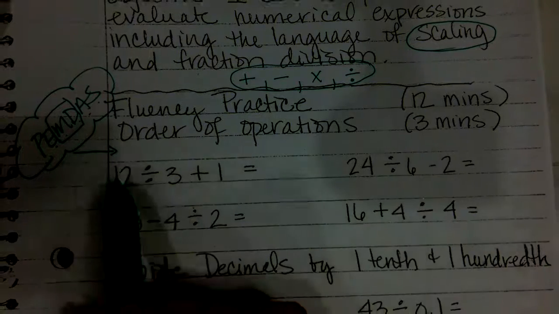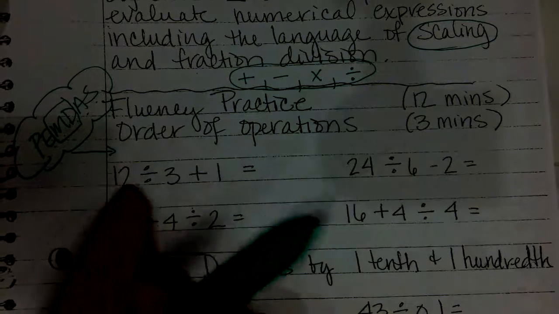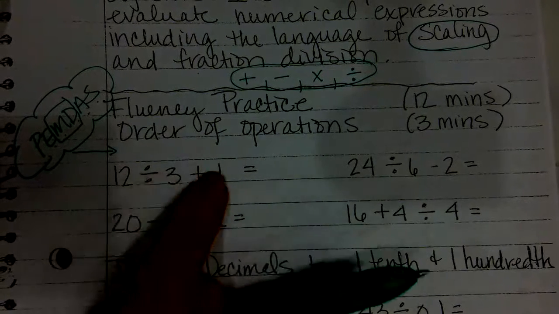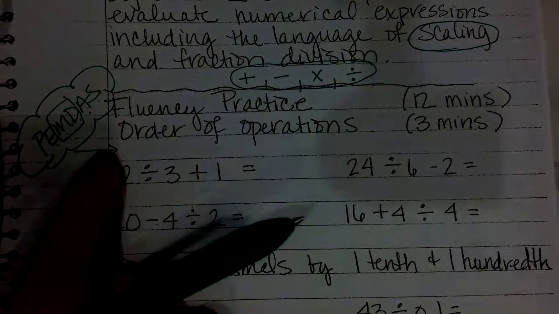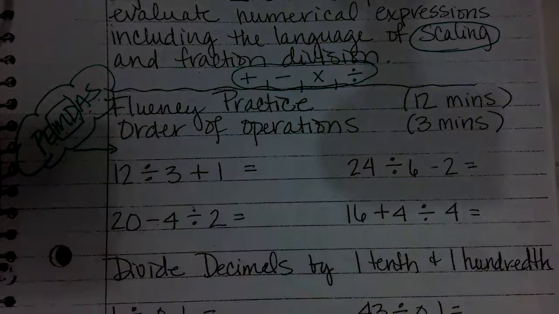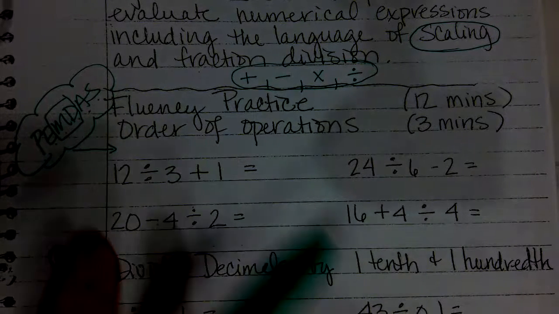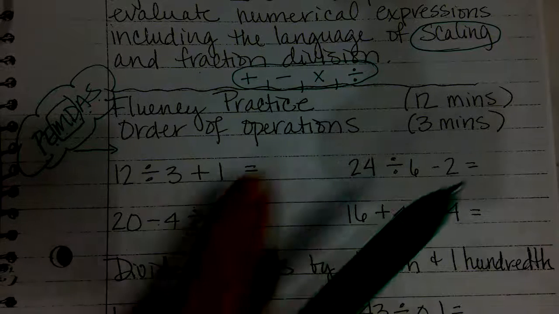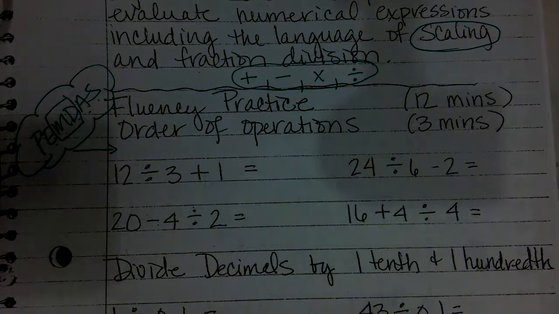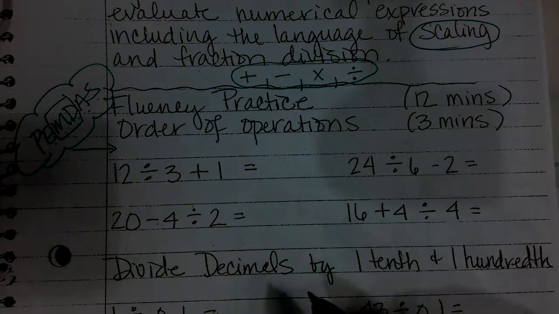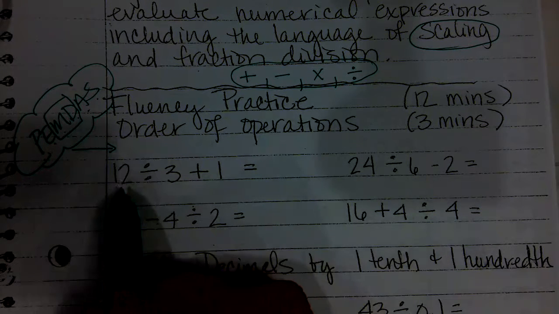But if there is multiplication and division in the same problem, you're going to move from left to right, because when there are no parentheses, multiplication and division are equal in their order. So let's go ahead and start.